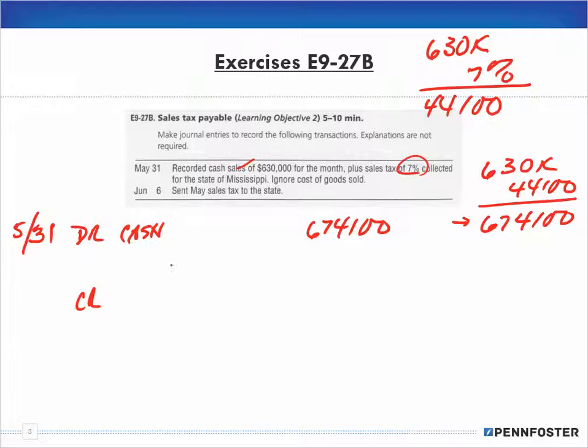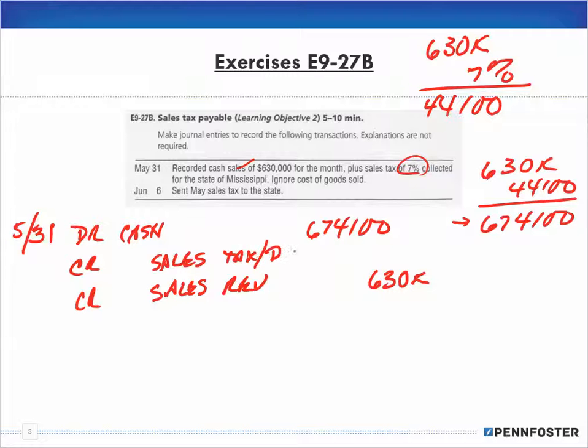So I credit sales revenue for $630,000, and also credit sales tax payable for the $44,100. So my debits equal my credits.